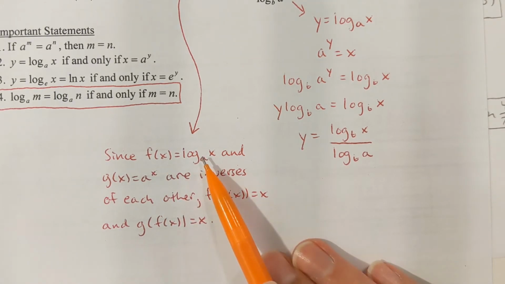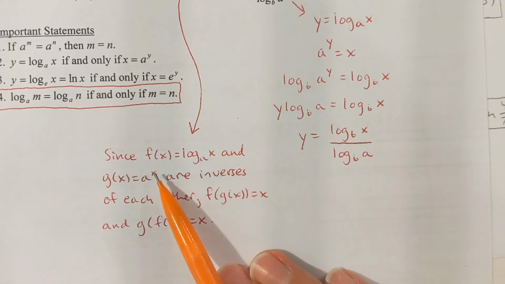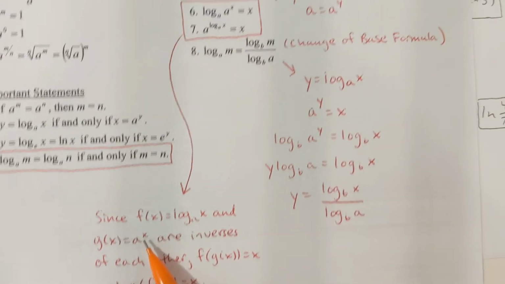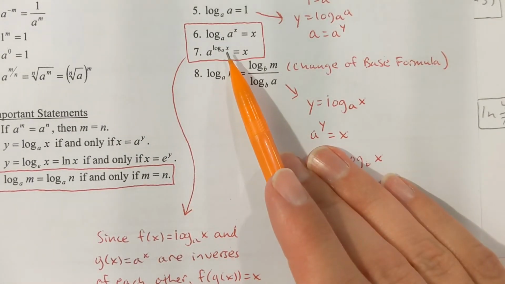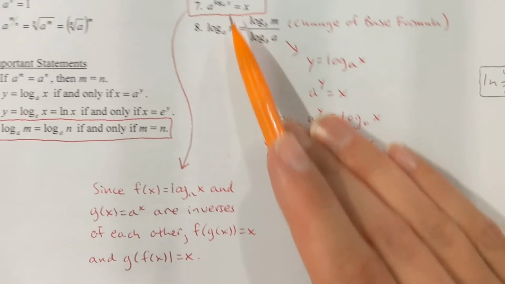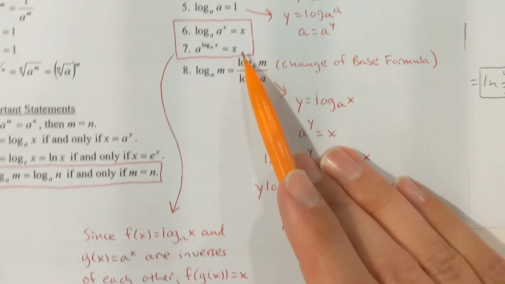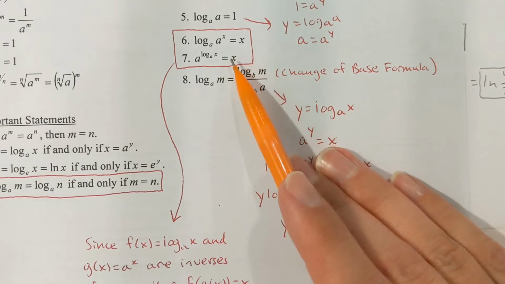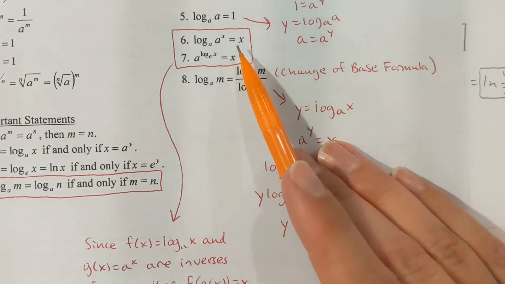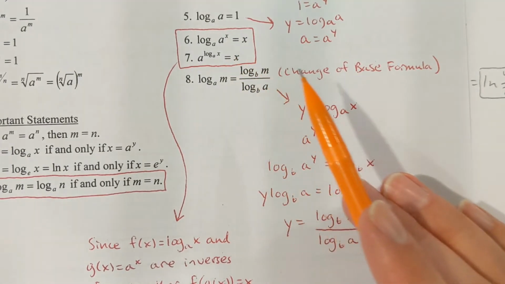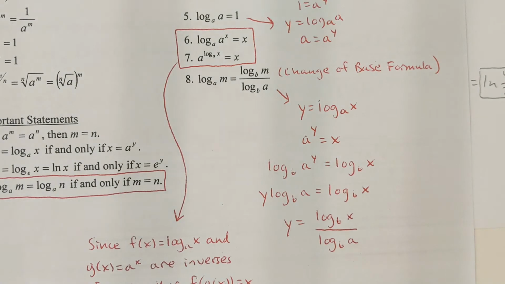So if I plug this logarithm into the power here, I'm going to have a to the power log base a of x, and that's just equal to x. Right? So here's where law 7 is coming from. So to me, laws 6 and 7 just come from simply knowing that a logarithm and an exponential are inverses of each other, which is one of the key things for talking about logarithms.